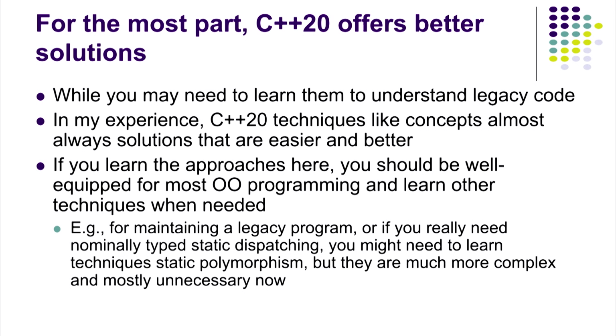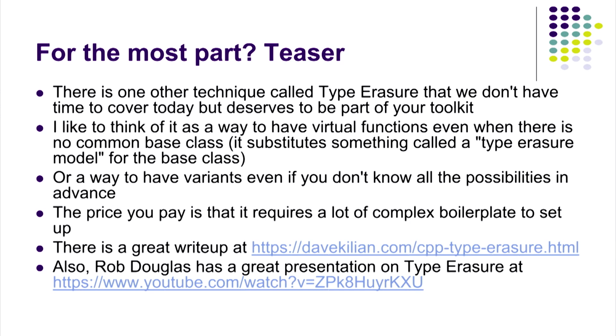For the most part, those are mooted by the C++20 approaches that I've covered here, which are better. And if for legacy programs or because you really need nominally typed static dispatching, you might need to learn static polymorphism at some point, but learn it when you need it.